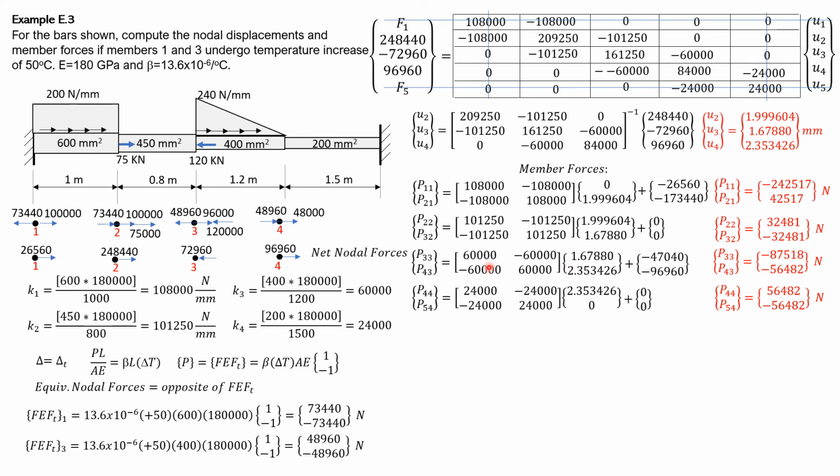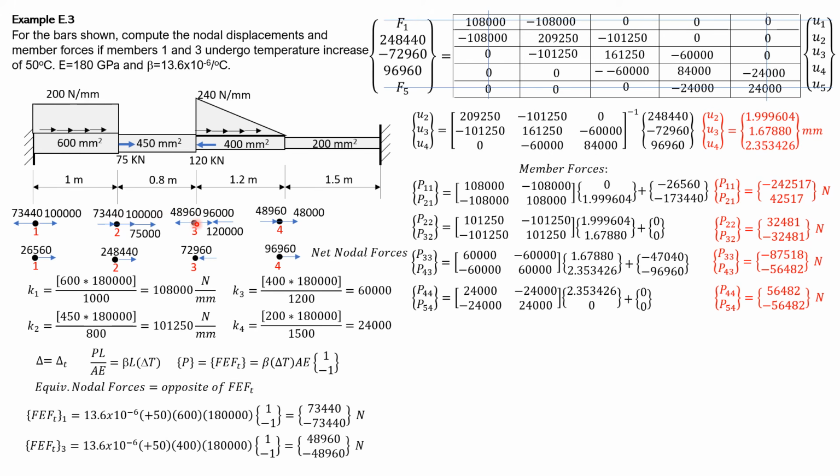Then for member force 3, this is the stiffness of member 3, 60,000, negative 60,000. Then this is U3 and this is U4. The fixed forces for member 3 disregard 120,000. We have positive 48,960 opposite to this, minus 96,000.